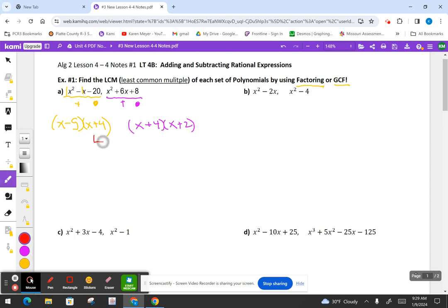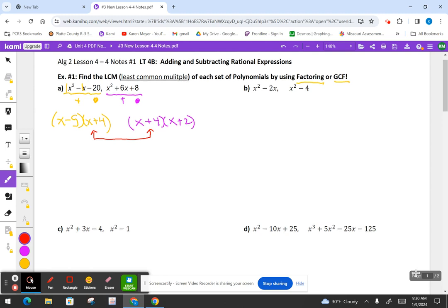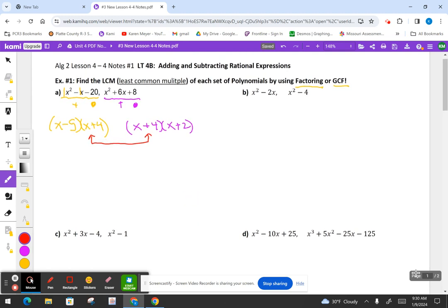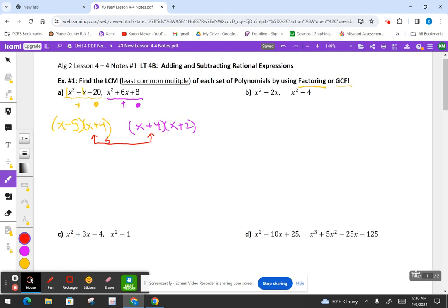And hopefully everybody says, oh, look at these two parentheses right here, x plus 4 and x plus 4. Those are shared between the two sets. And anything that is shared, you only have to write it down once because it's already on both sides. You don't write it down twice. You only write it down one time if it is shared.